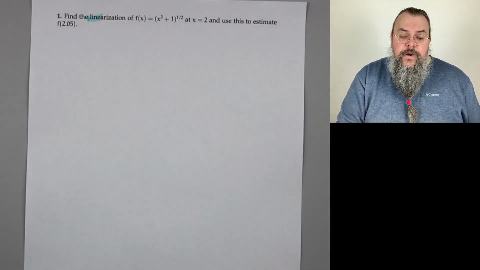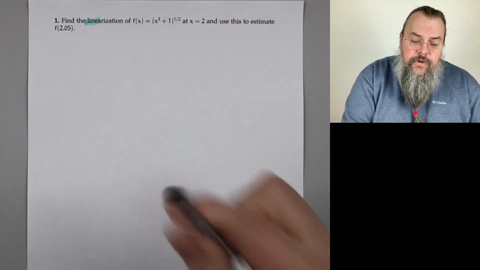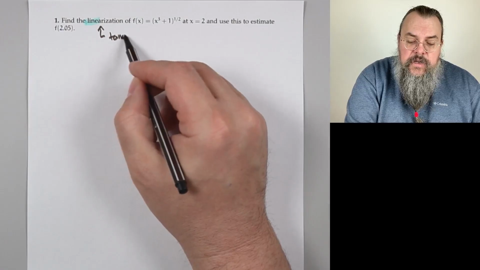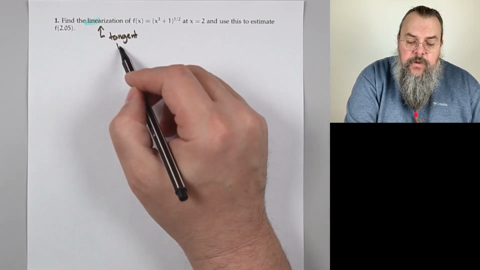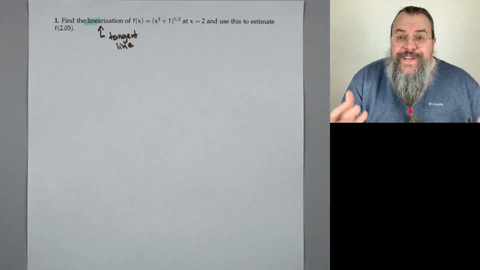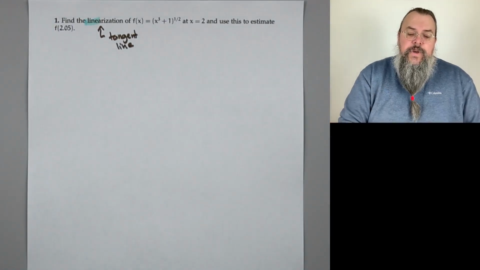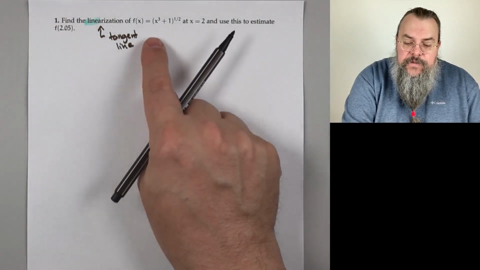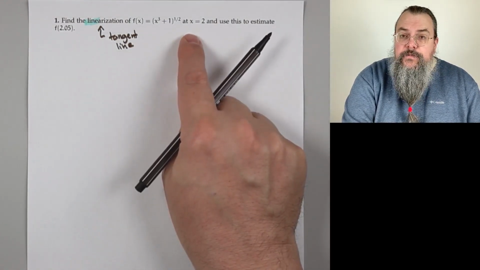And when we see linearization, we should really say, oh, this is just a fancy way of saying tangent line. And a lot of Calculus 1 says, hey, how do we think about this tangent line? So we could have rewritten this as find the tangent line of the function f of x at x equals 2.